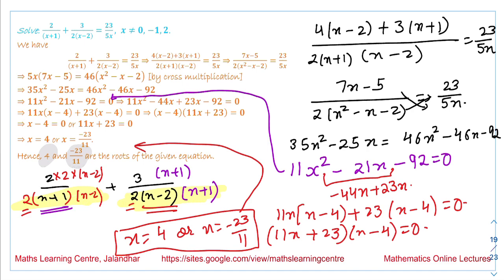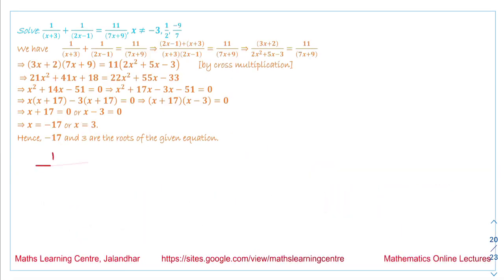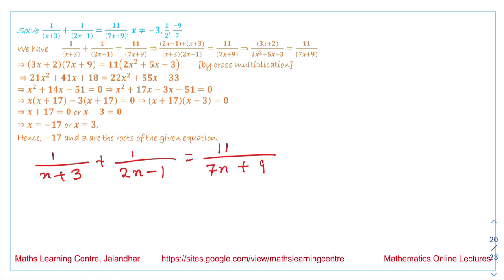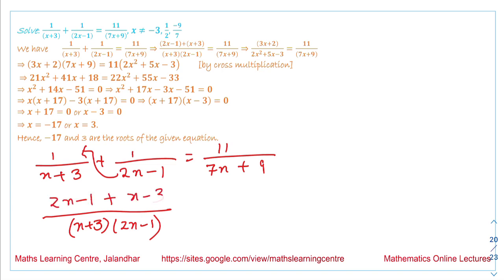Next, in this question, we have 1 over x plus 3 plus 1 over 2x minus 1 is equal to 11 over 7x plus 9. Now if we take the LCM of both these terms, this part will come over here: 2x minus 1 plus x plus 3, equal to 11 over 7x plus 9.